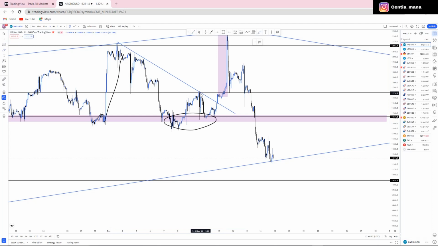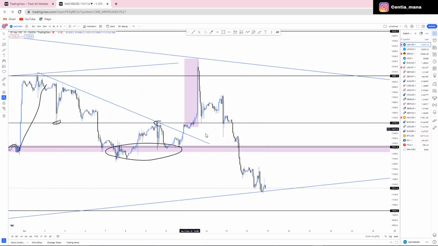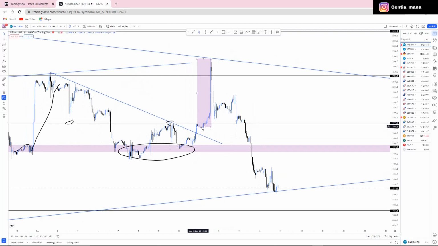Drawing the neckline also made me realize how important the level was because of how much it has been rejected so far, right? So I knew that once the market broke out of here, it was going to push up, of which it did. Another thing that played a role in finding this direction was the small flag that I'm seeing right here.